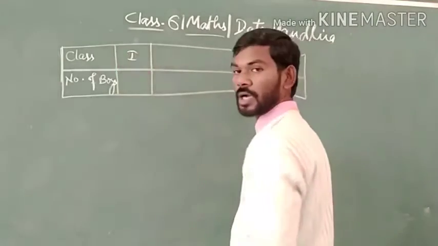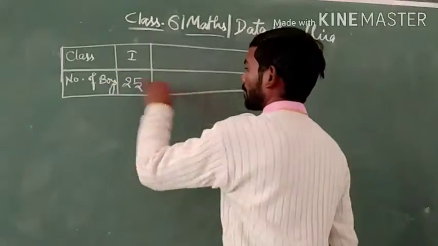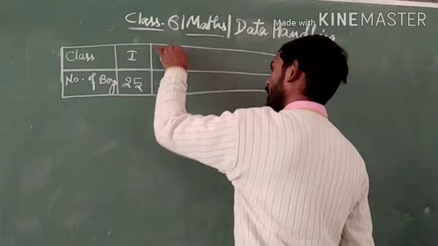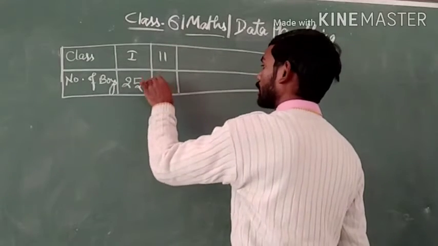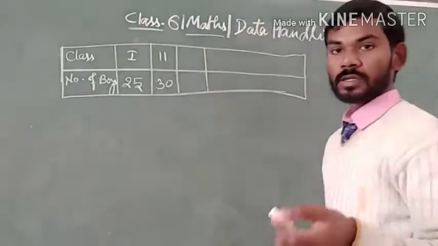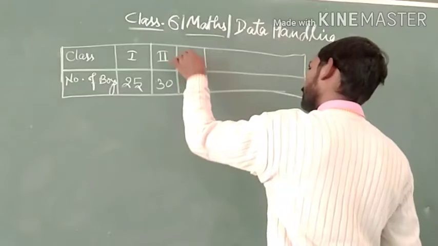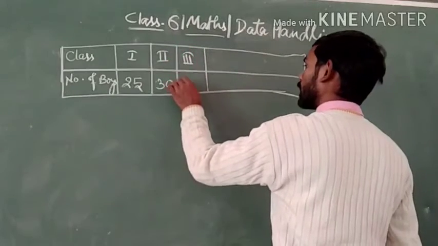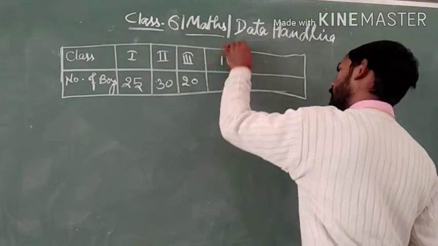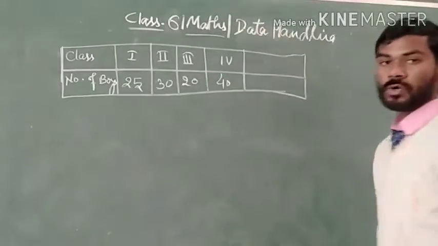In class first the number of boys is 25. In class second the number of boys is 30. In class third the number of boys is 20. In class fourth the number of boys is 40, and so on.